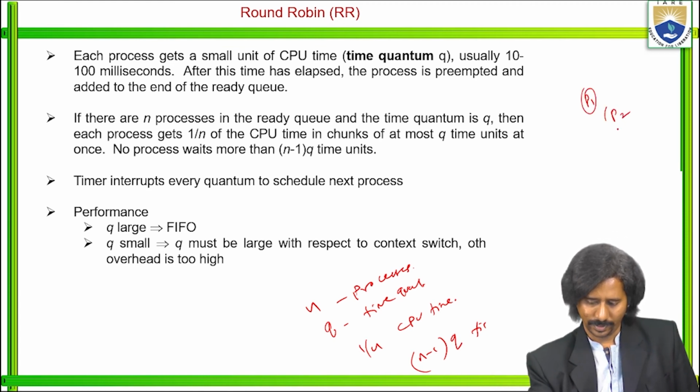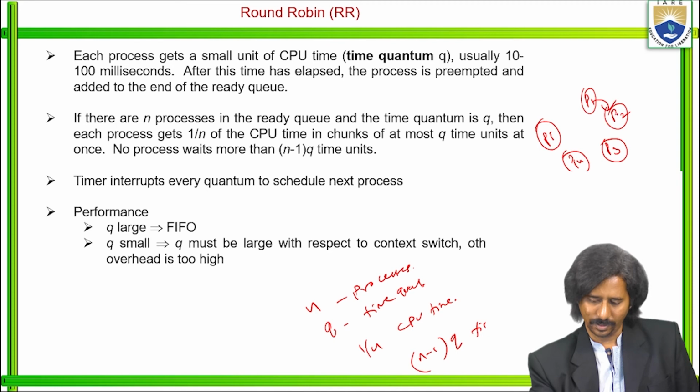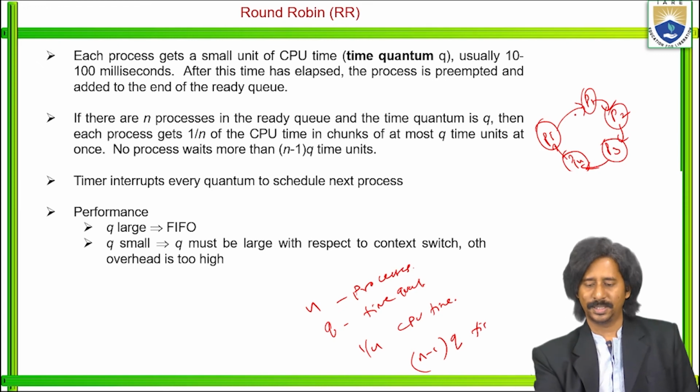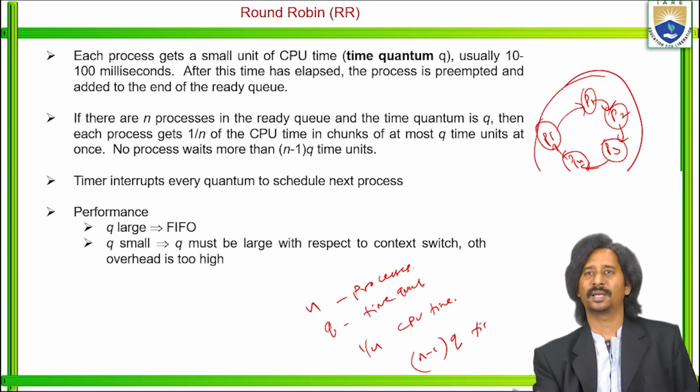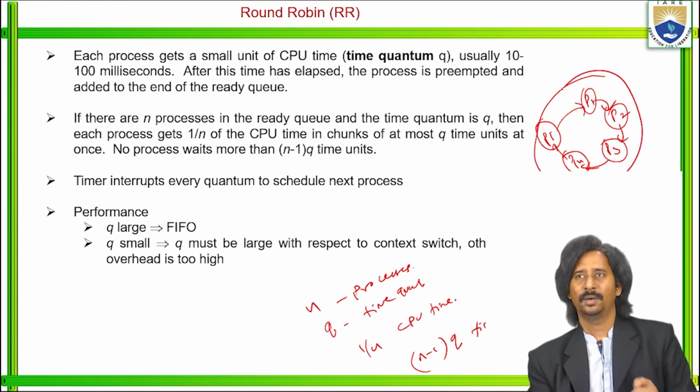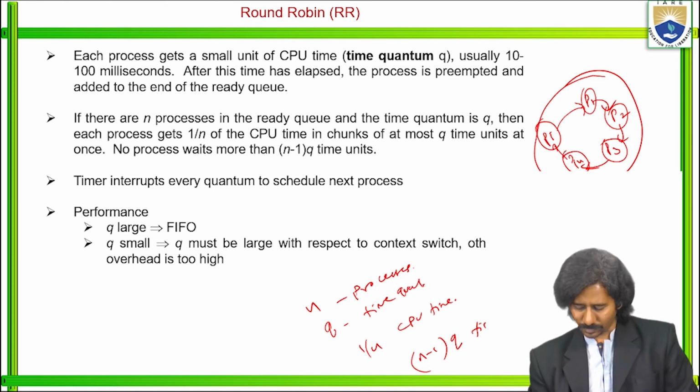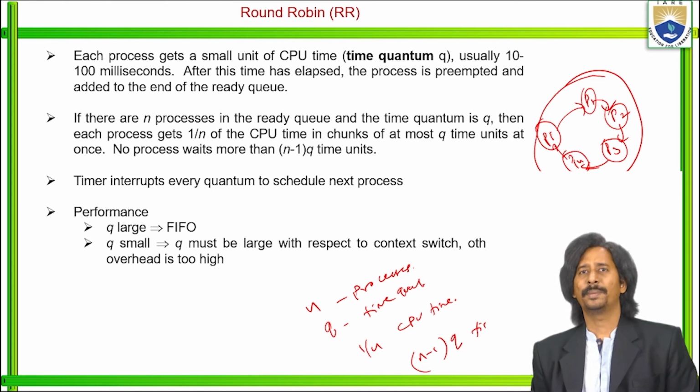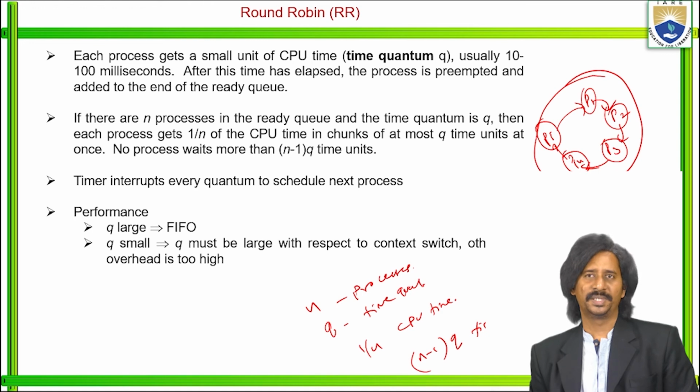See here, P1, P2, P3, P4, P5. P1 executes first, then P2, P3, P4, P5, and again P1. So this is in a circular fashion. Here a round robin scheduling algorithm is executed based upon the time quantum.